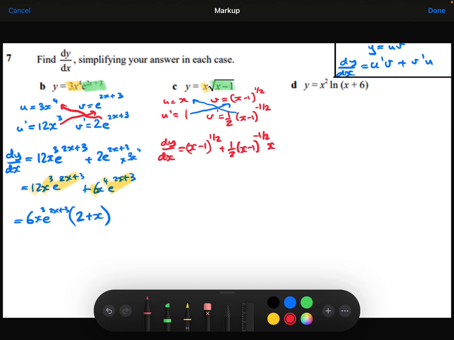And again, we can do a little bit of simplification here. First of all, 1/2 times the x is just 1/2, or x over 2. Then I am going to rewrite this x minus 1 to the power of minus 1/2. I'm going to rewrite that on the denominator.